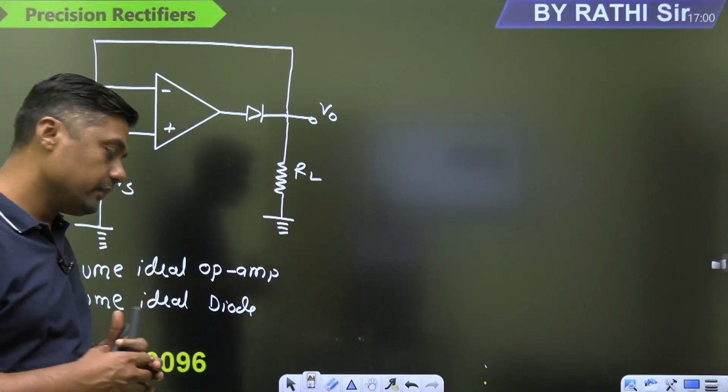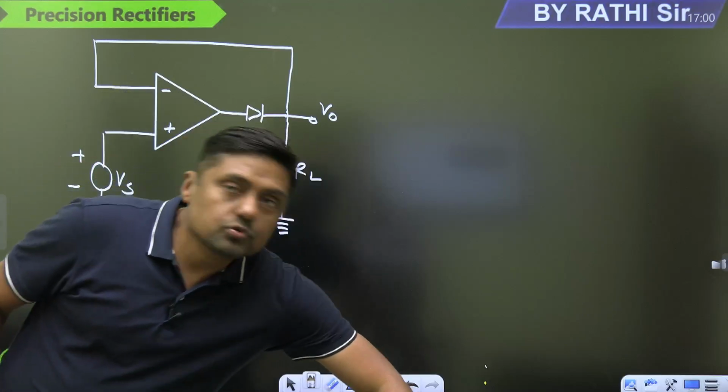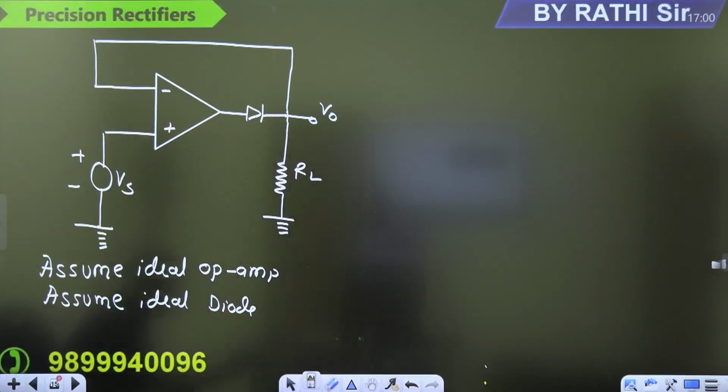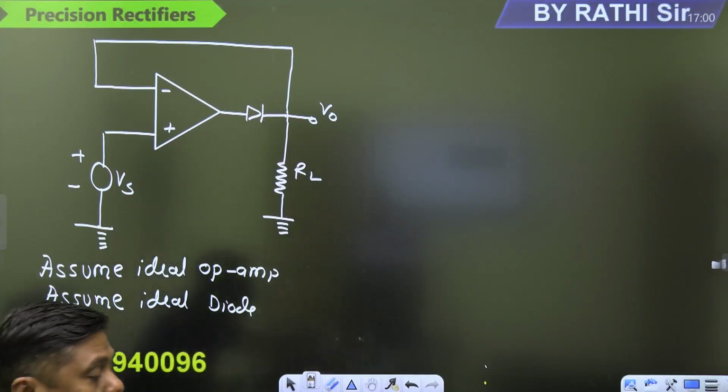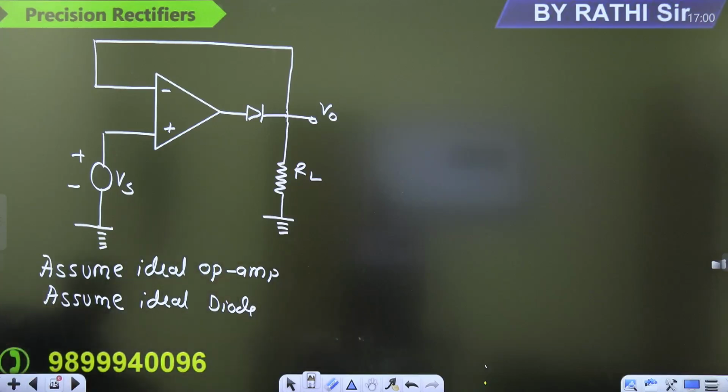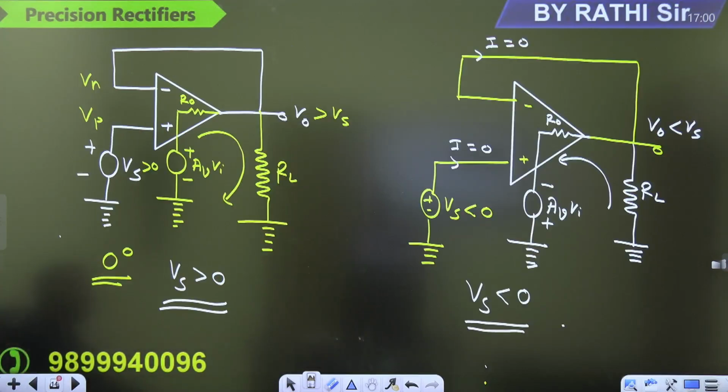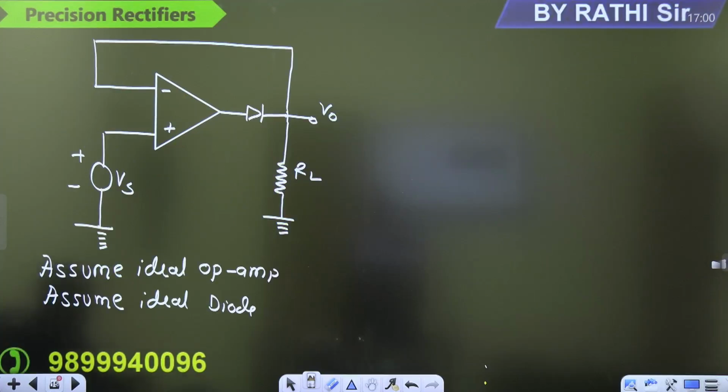Is it okay? In the previous diagram, there was no diode. That's why in both cases we have the current, positive half as well as negative half. But now I am going to connect the diode and explain what is the role of the diode.